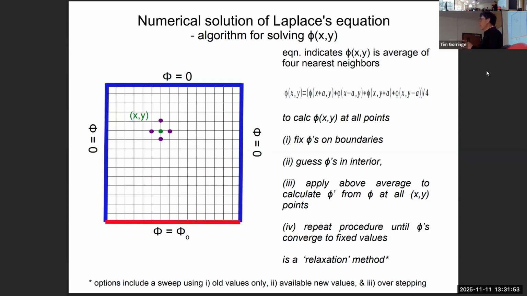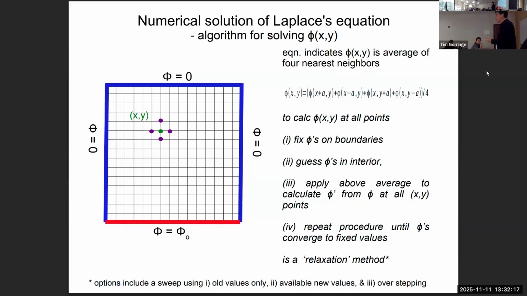And then there's also a third way of applying this relaxation method, where when you recalculate the potential based on the average of the nearest neighbors, you don't go to exactly that potential. You overstep it a bit because you're hypothesizing that you want to go further in that direction.